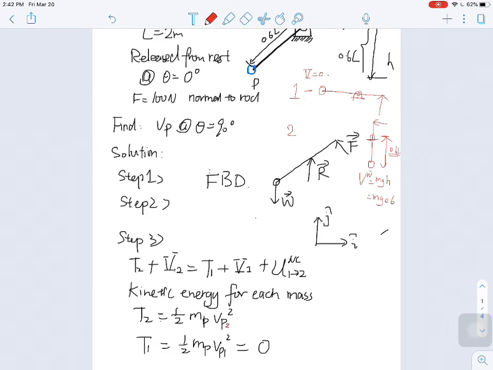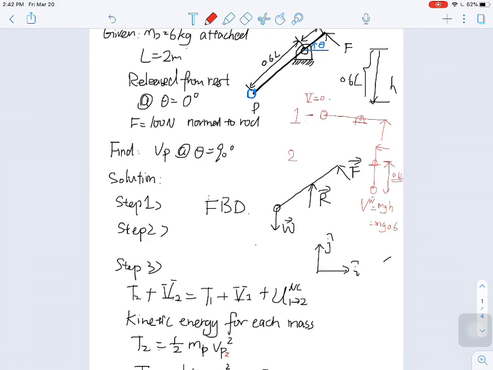Okay, and like the question Kira asked, you need to set up your zero potential reference for your gravitational work. So here in this case, I think this is a reference point set up below that joint.